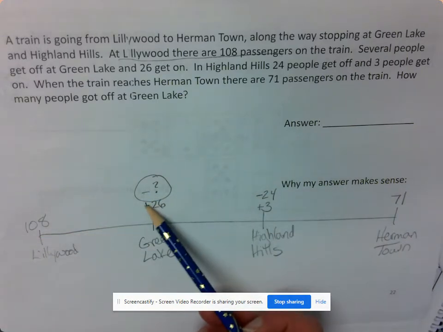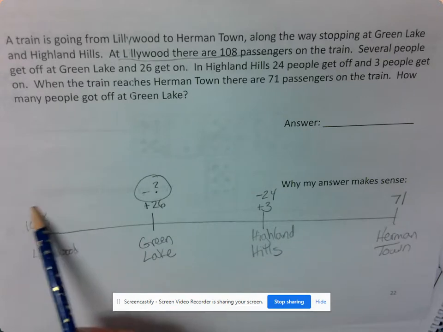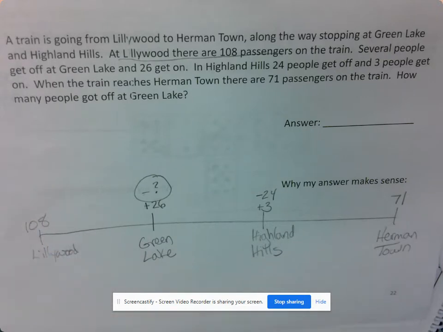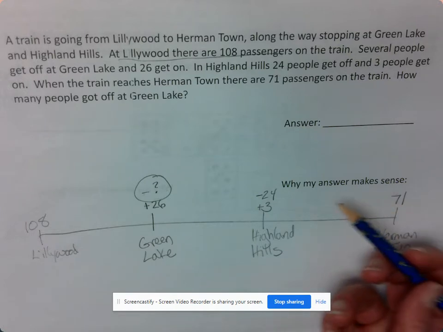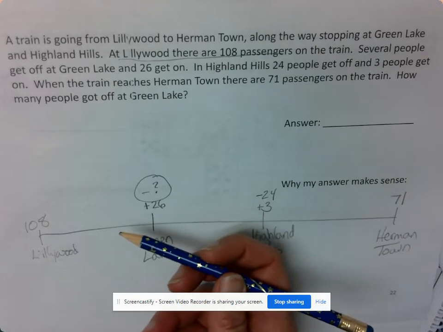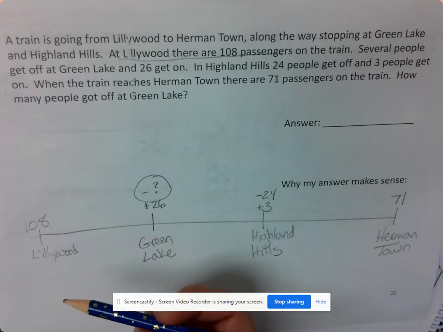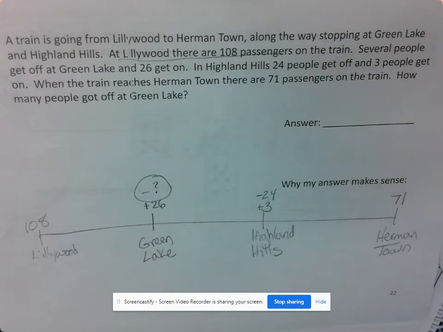So here we're adding 26. We're going to have to use that 108 there. See if you can work out how to find that missing number. It always helps me when I draw the picture of my word problem, and I know I can work my way backwards, doing opposite operations. Try to find that missing number.